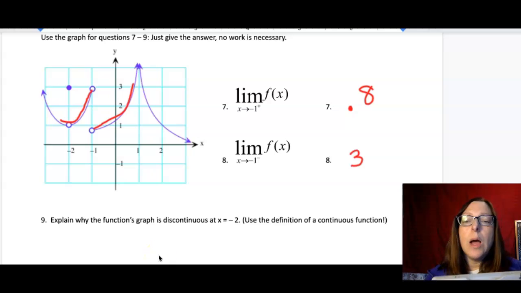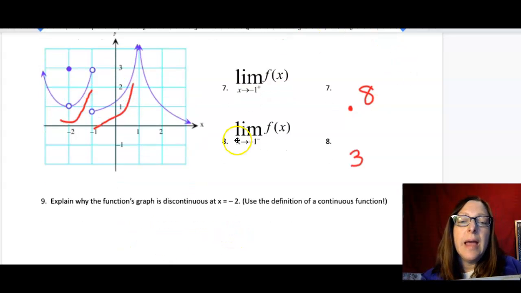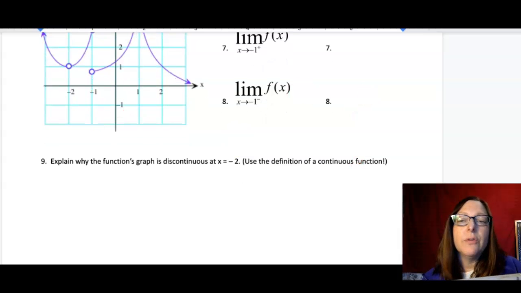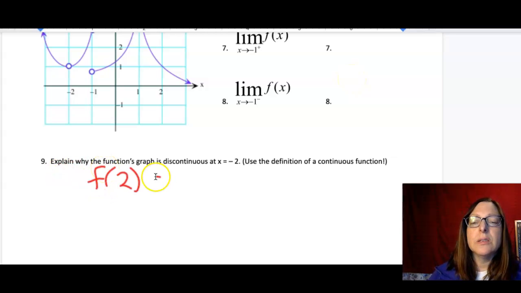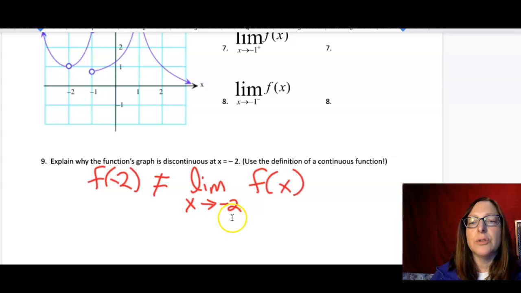Okay, why is this graph discontinuous at x equals -2? Well, first of all, the function's value at -2 does not equal the limit as the function is approaching -2.